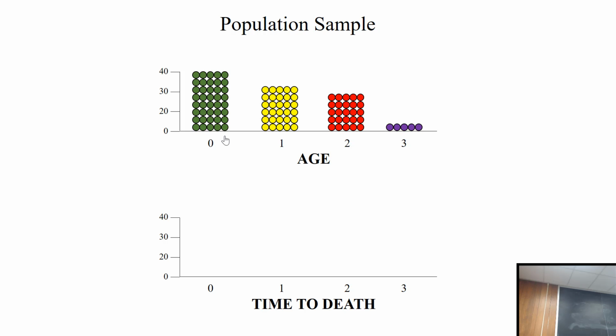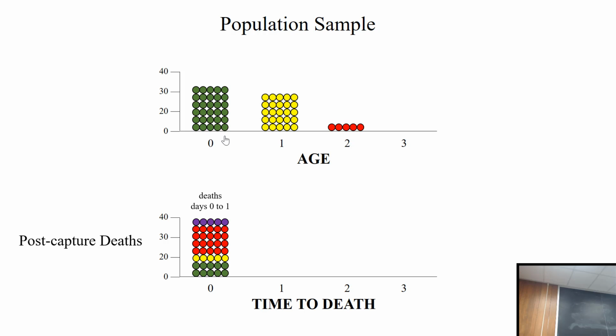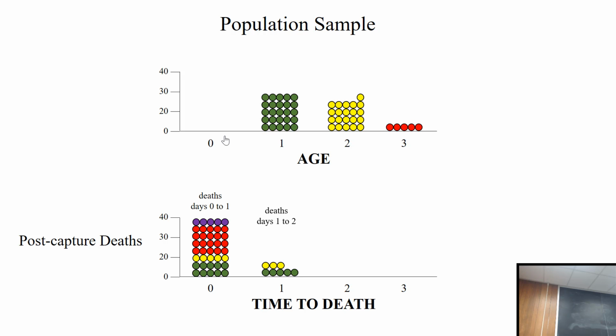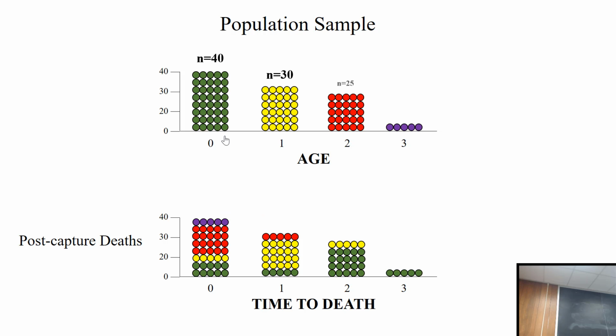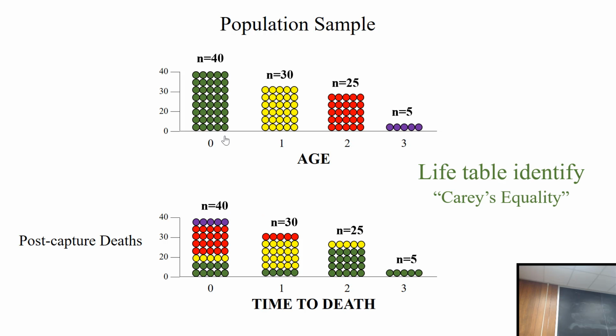Every one of those back here is going to die, whether you're 0 years old or 3 years old. Some are going to die, and all those are going to stack up right in here. So we take those that die and put them in this category right in here of time 0. Then you keep doing this, and now they all die. Look at that. Yeah, 40, 30, and so forth. The death distribution is exactly equal to the original age distribution.